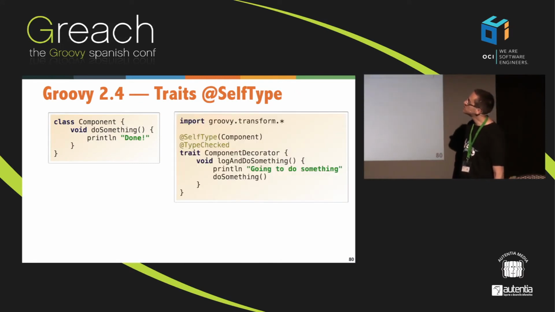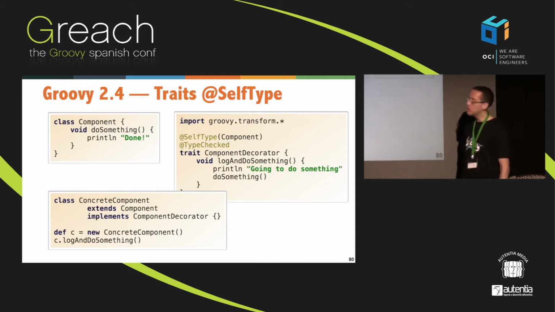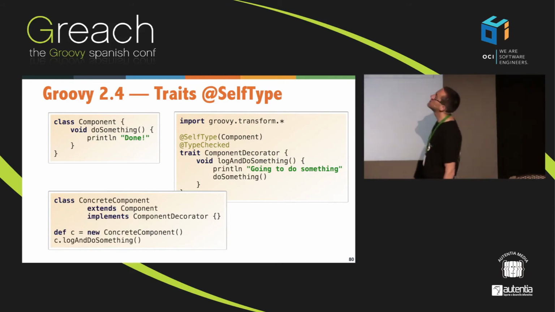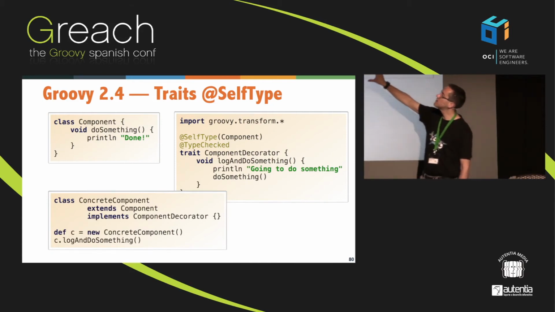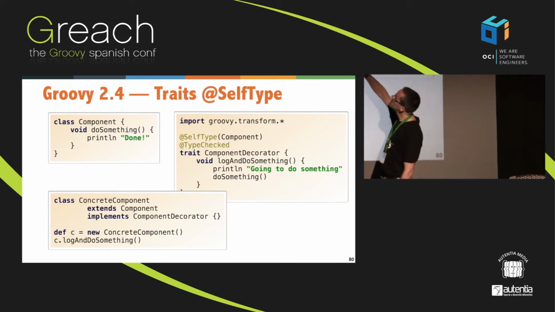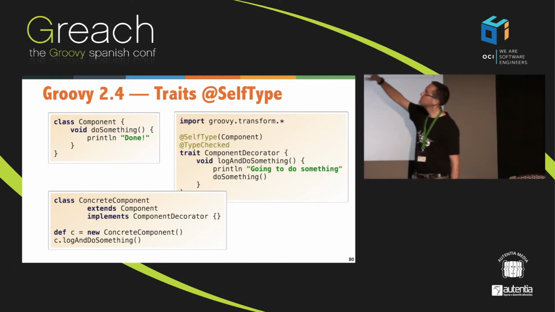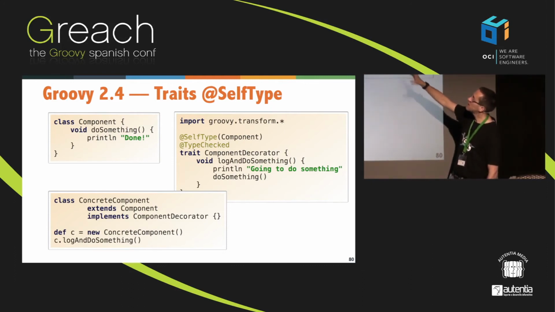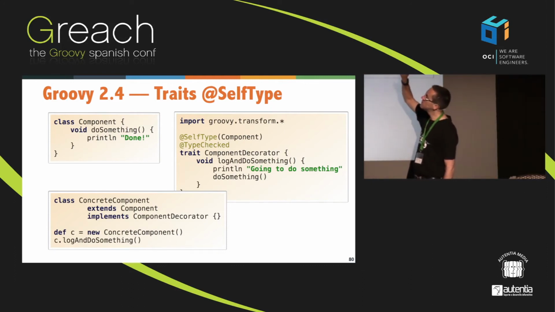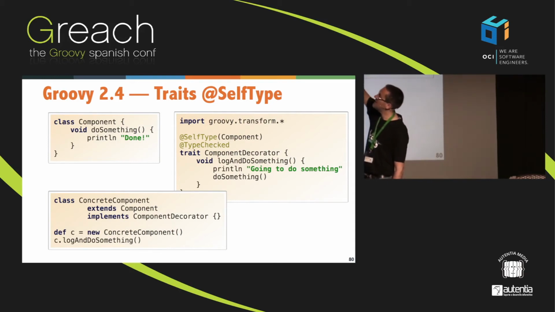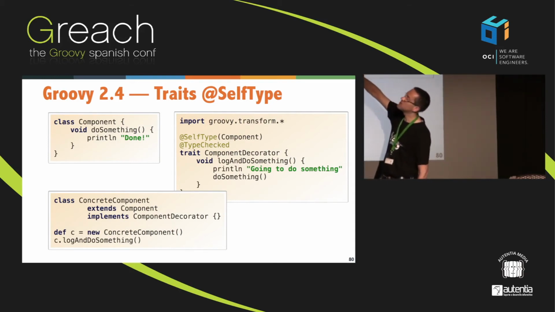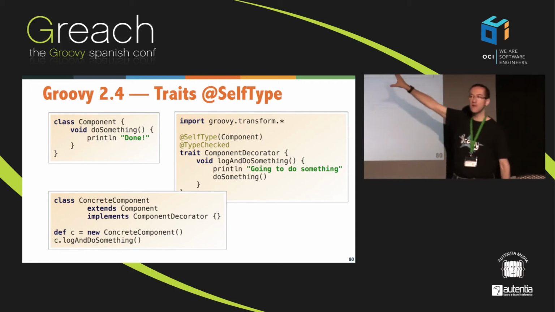We introduced @SelfType for traits. It's not an AST transformation, it's really a marker annotation where you can restrict what a trait will be applied to. So if you want to say this is some kind of decorator for my component, I can say this is going to be added to components, but it's not going to be a trait that's added to anything else.